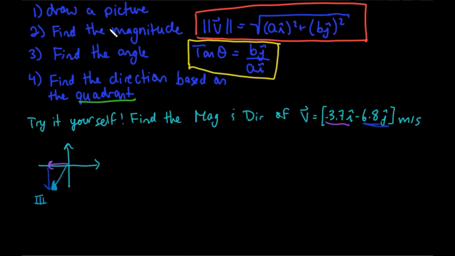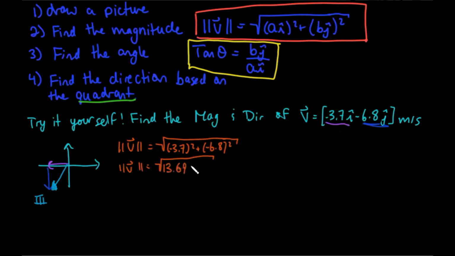So let's do step 2, finding the magnitude. Take the square root of negative 3.7 squared plus negative 6.8 squared, all under the square root. I should end up with, let me do this calculation really quick, 13.69 plus 46.24.